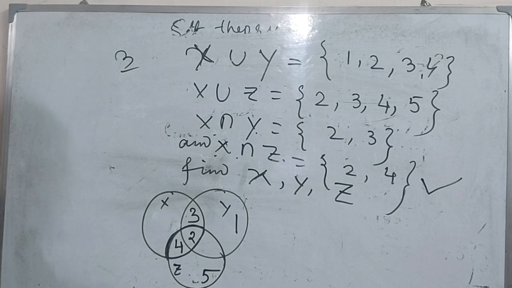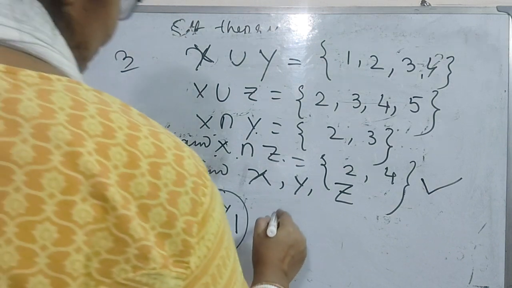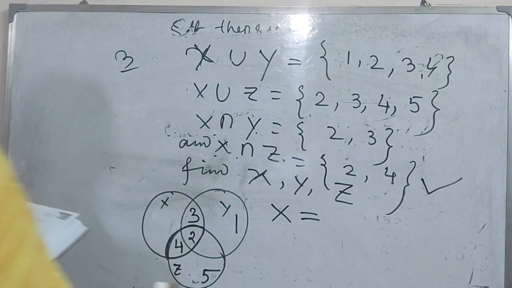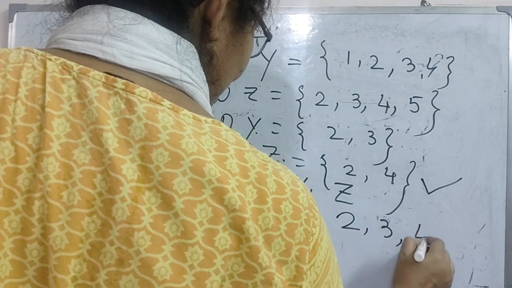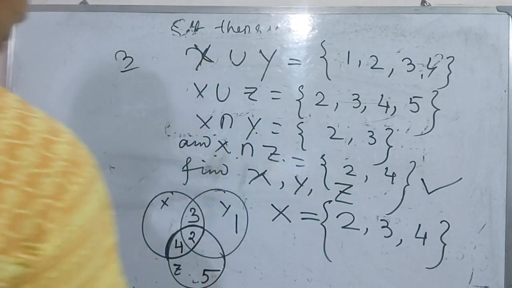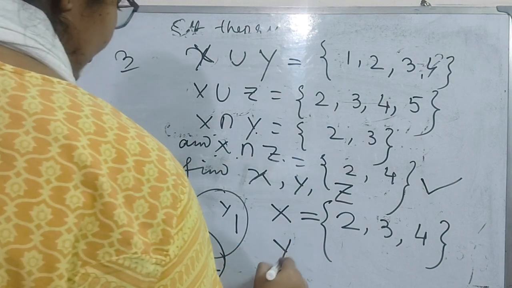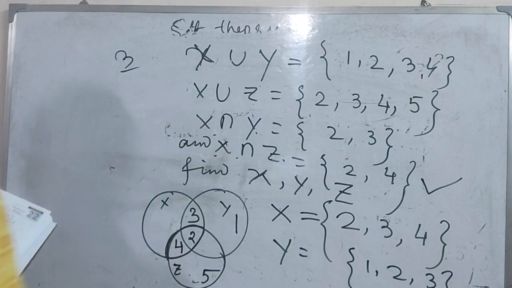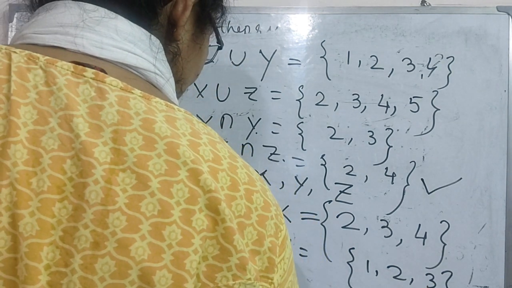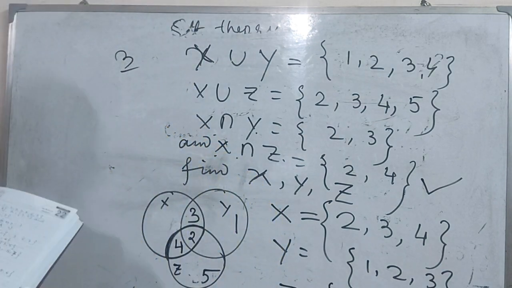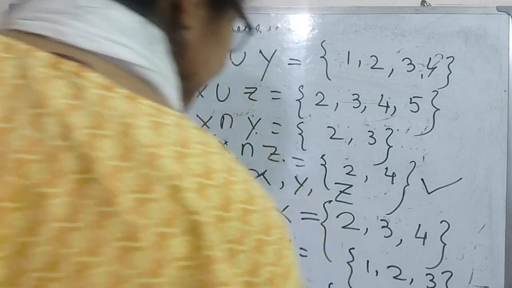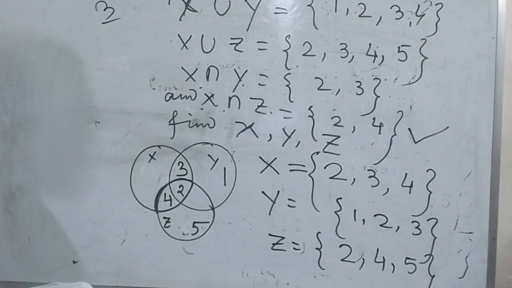So I can write X equal to 2, 3, 4. Okay. Y equals 1, 2, 3 and Z equals 2, 4, 5. Okay.